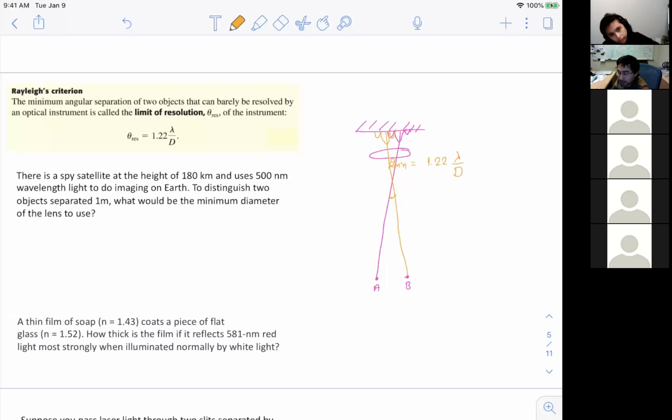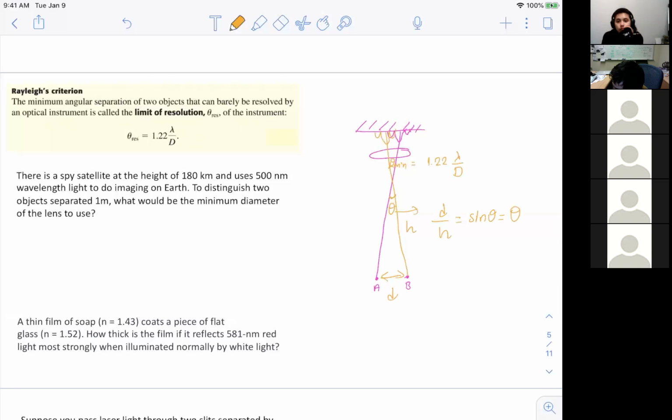That theta is going to be equal to this theta. From this, you can use the small angle approximation. So small d over the height is going to be sine theta, and if you use the small angle approximation, sine theta equals theta.